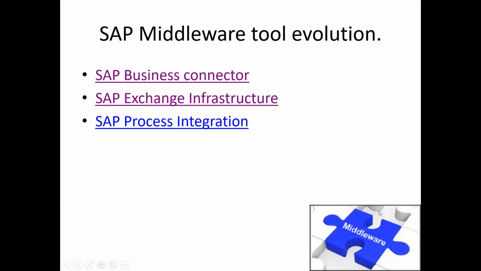And with the introduction of 7.31, SAP went with single stack. So what exactly is single stack? You have only the Java stack available. When I talk about stack, it is nothing but the platform on which that tool has been developed. Till 7.3, your application PI was developed with the collaboration of the Java stack as well as the ABAP stack.